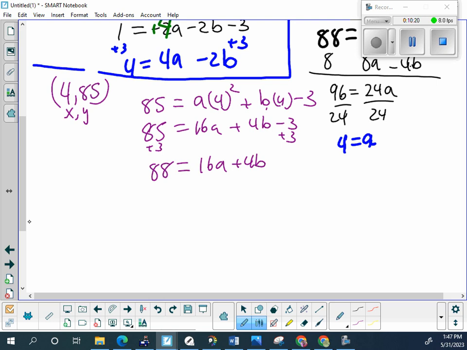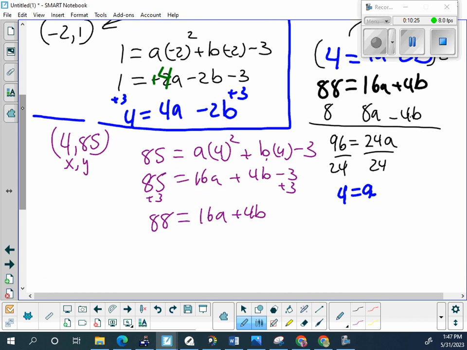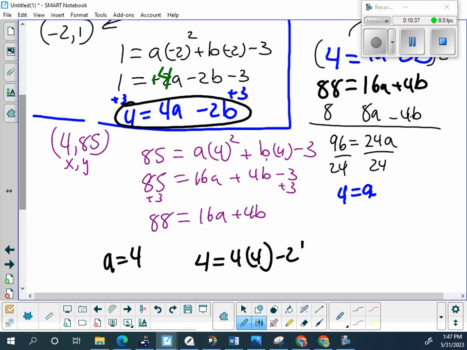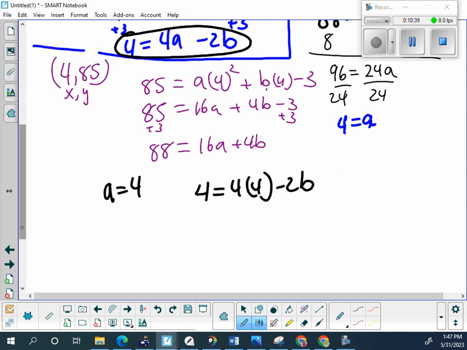So how do I get b? Go back to your original equations. Any one will do up here. I could probably use this one here to figure out my b value. So I know a is 4. So to figure out my b, I'm going to go 4 equals, and instead of an a, I'm going to put another 4 there, minus 2b. 4 times 4 is 16, so I have 4 equals 16 minus 2b.